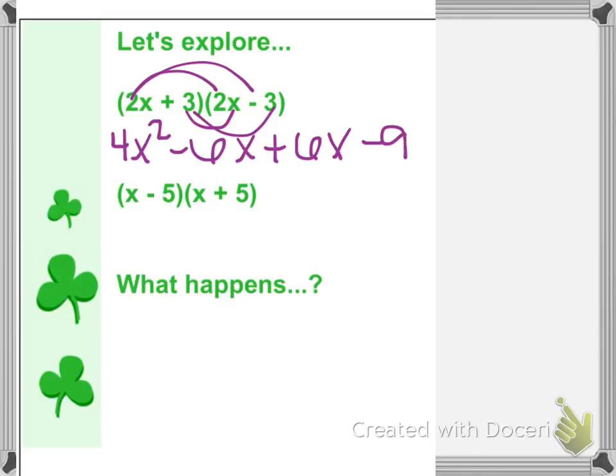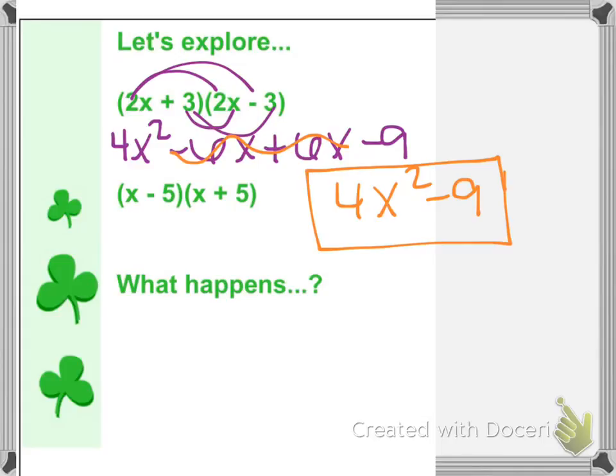Every time we FOILed conjugates, these middle terms dropped out because they had the same numbers, opposite signs. In this case, that leaves me with 4x squared minus 9, which, if you remember the significance of this from chapter 9, was that that's the difference of perfect squares. 4x squared is a perfect square, 9 is a perfect square, and there's a subtraction in the middle.